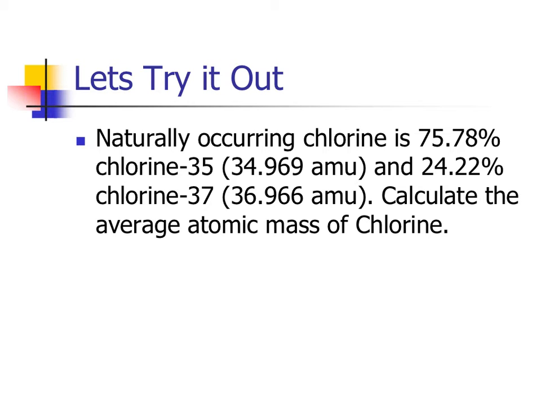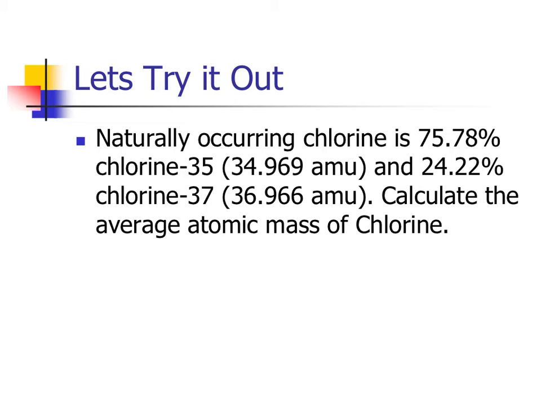Now, a lot of us will look at it and say, why don't I just look on the periodic table? Well, yeah, we can do that now, but there's no guarantee that in your homework, or say on a test, you're going to have that ability.